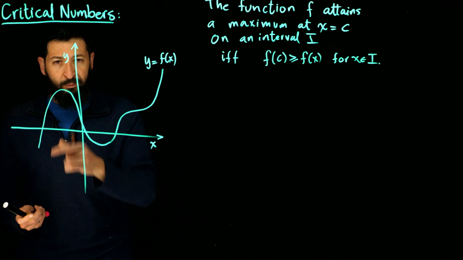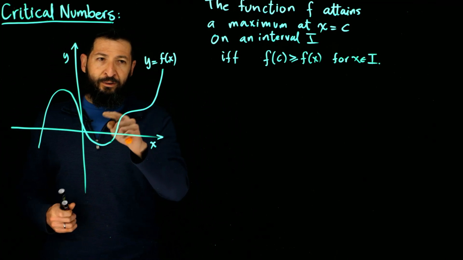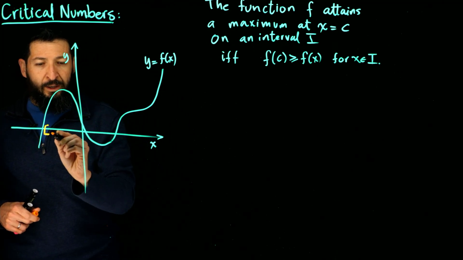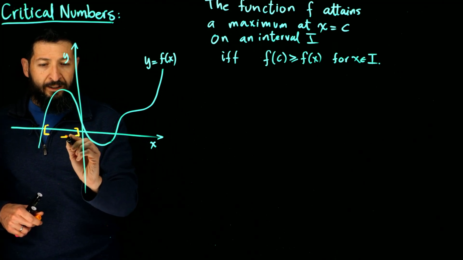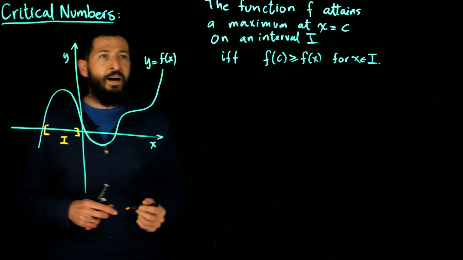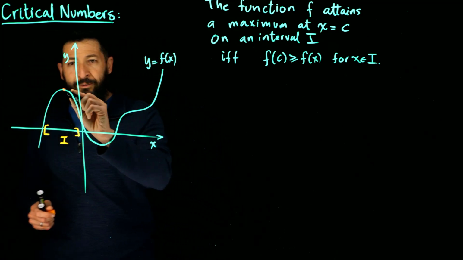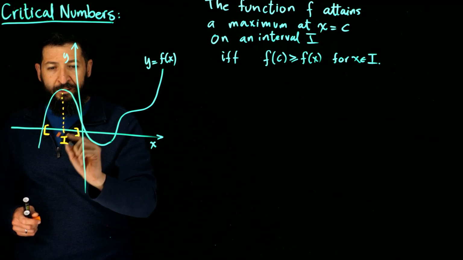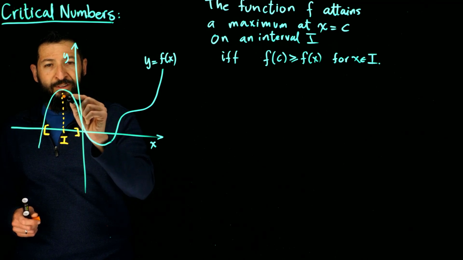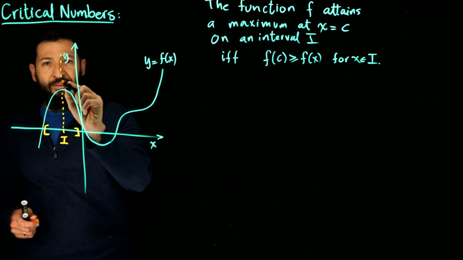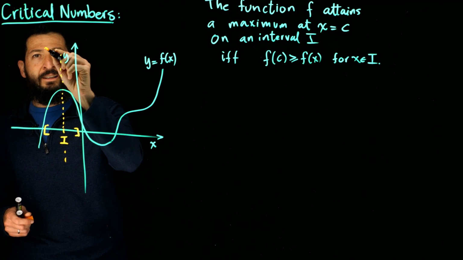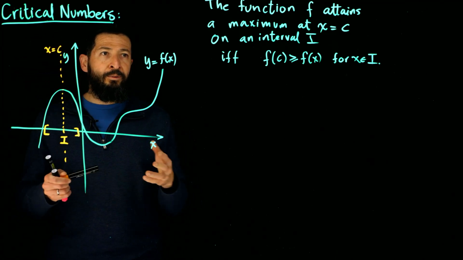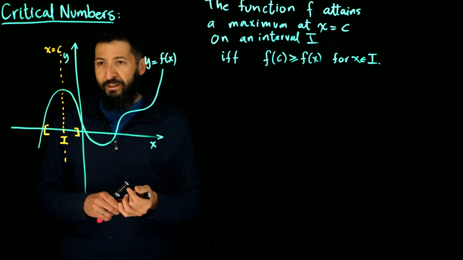Let me draw an interval for this one. This looks like it could be a maximum. Of course, the function keeps going higher, but I'm going to restrict myself to an interval here that I'm going to denote with I. So if this is my interval I, then this value would be my value c. So let me call it x equals c. Let's do a vertical line, I suppose, because I don't have room to write it. So let's say that that value x equals c is possibly the point where the function takes its maximum.